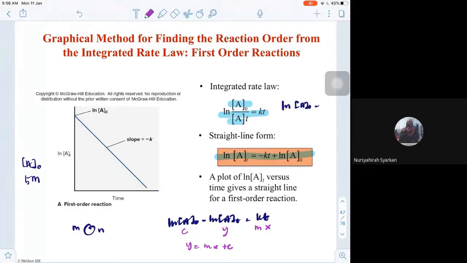So ln At is your y, negative k is your m, the gradient of the straight line, t is the x, and ln A naught is c.